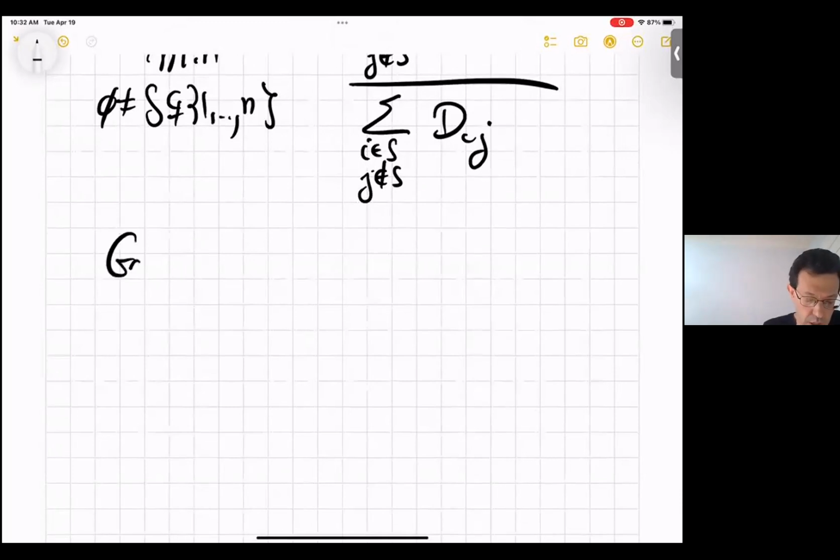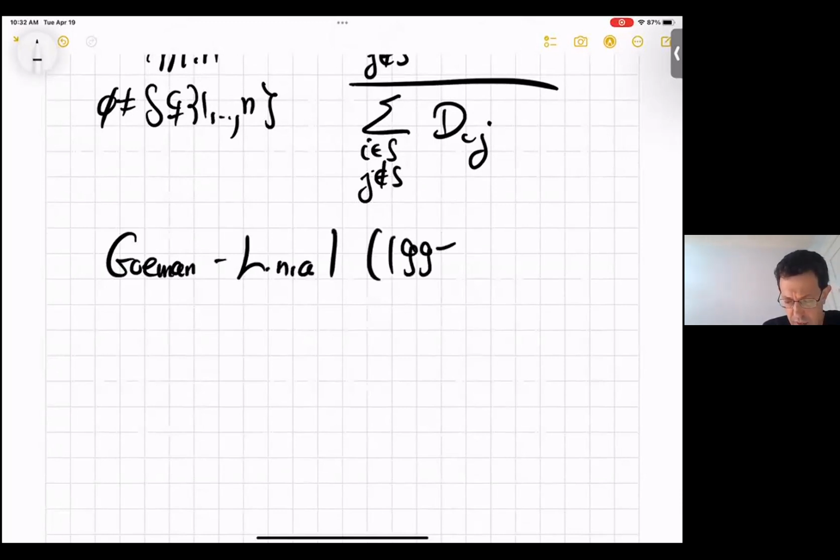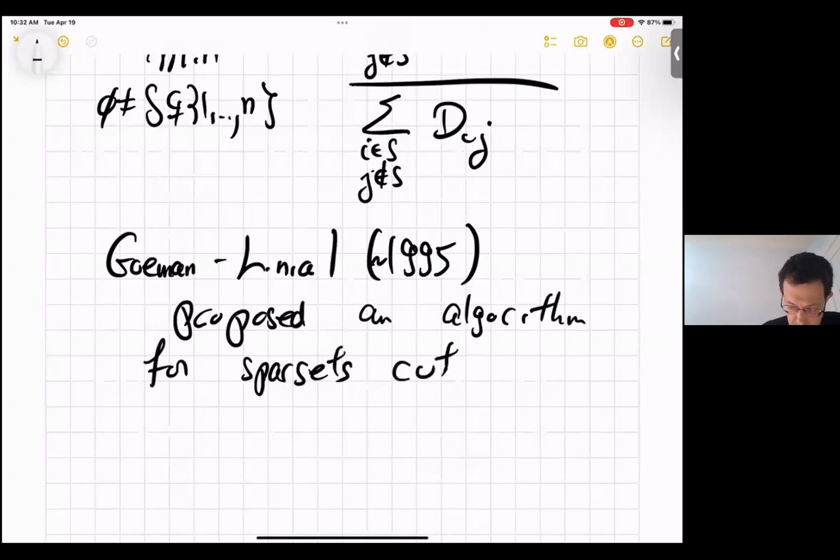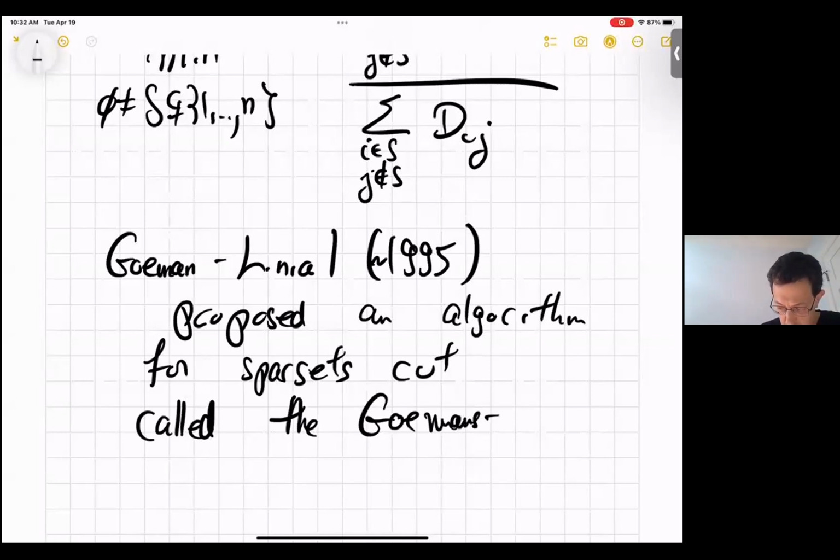Goemans and Linial, in 1995, roughly, maybe 1997, I don't remember exactly, proposed an algorithm for Sparsest Cut called the Goemans-Linial semidefinite program.